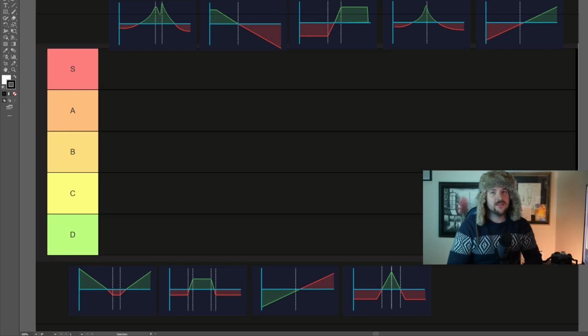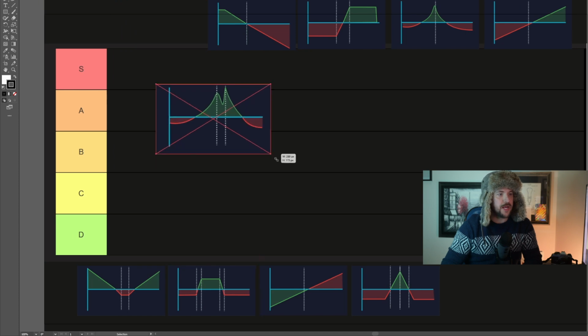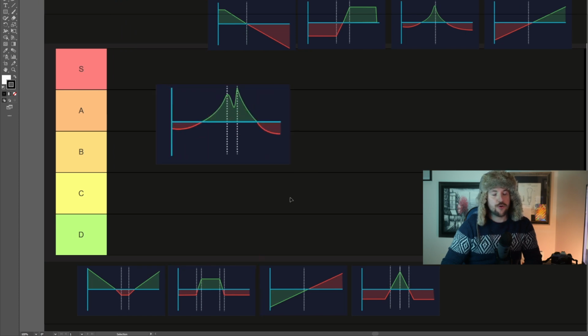First up is the double diagonal. We can see that here. Here's the P&L graph for the double diagonal. We can see that there are two strikes, so there's two dashed lines, and we can see that the green zone, or like where the profitability is for this type of option strategy, is confined within two price points.